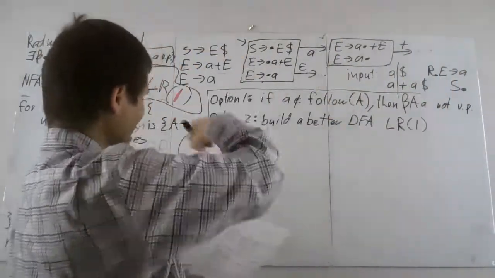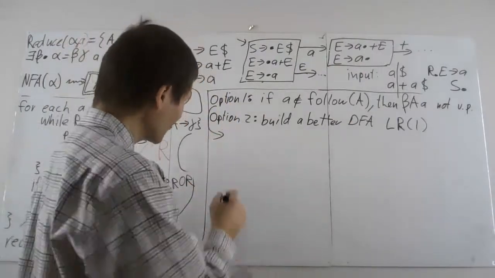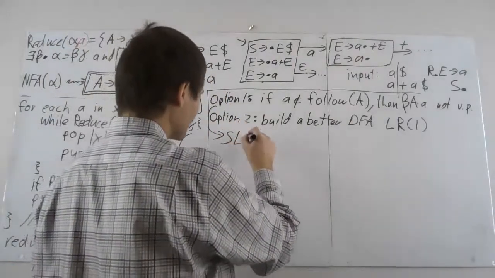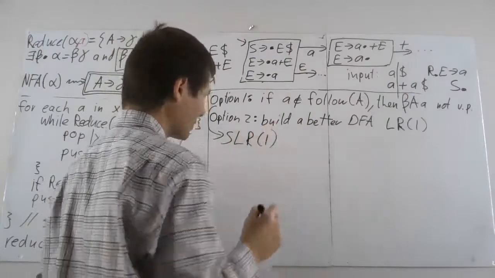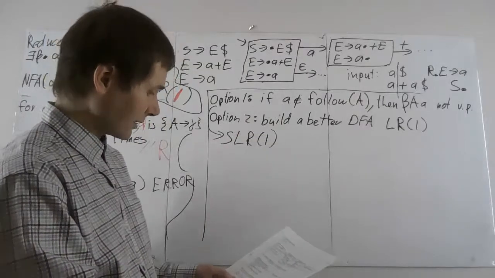Option one is called an SLR1 parser. The S sometimes stands for simple LR1.